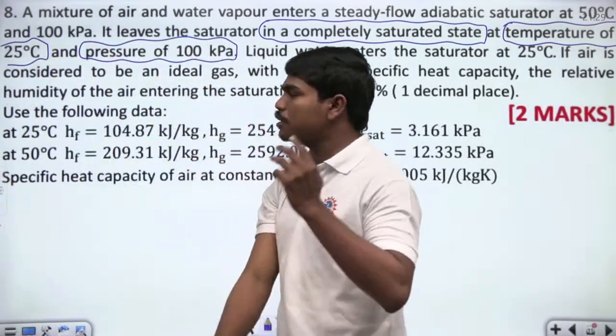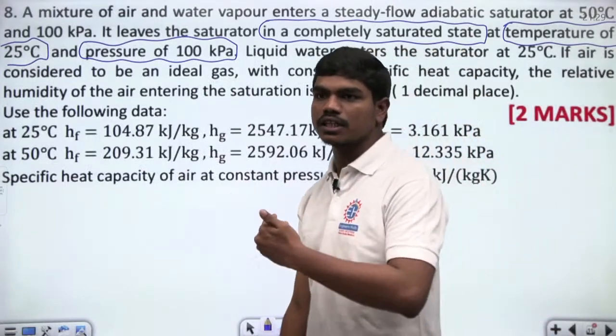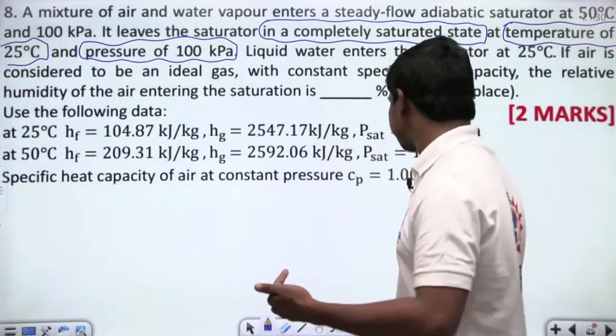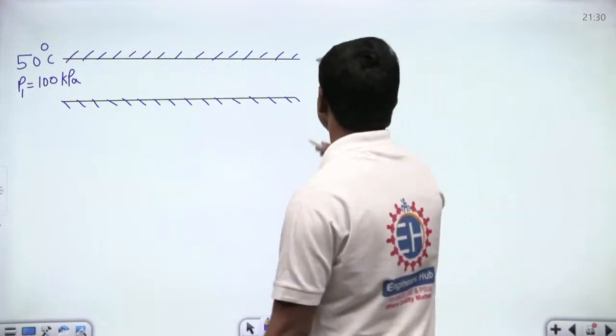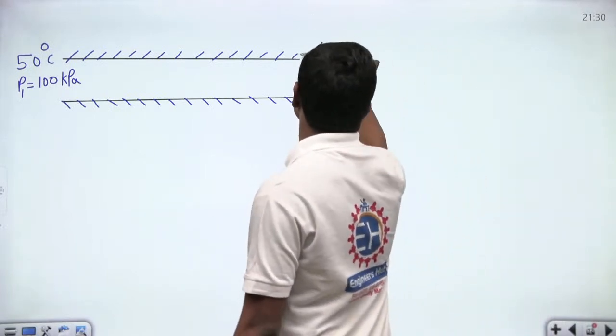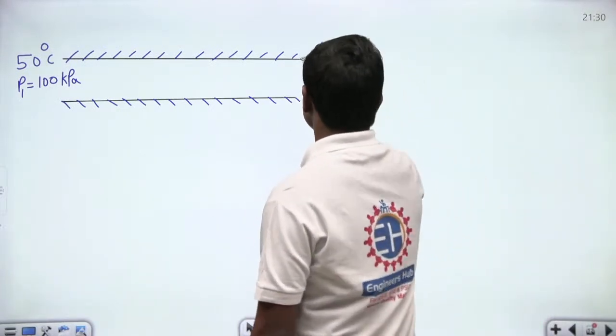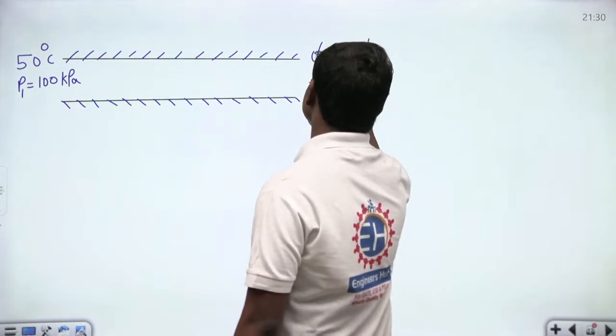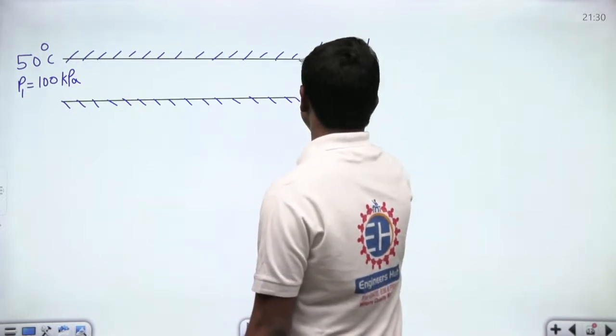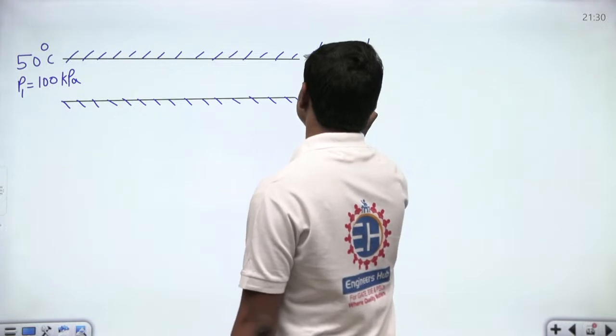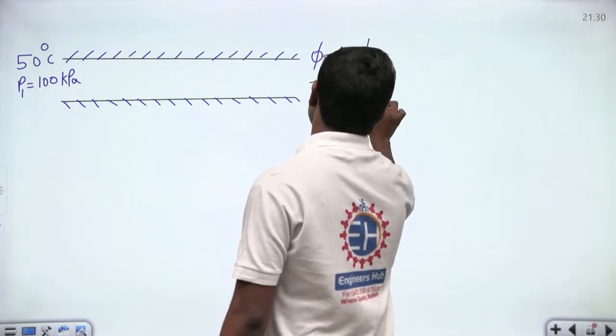What's the meaning of completely saturated? Here the relative humidity is 100%. Next, temperature is 25 degrees Celsius, and pressure is again P2, which is the same, 100 kilopascals.